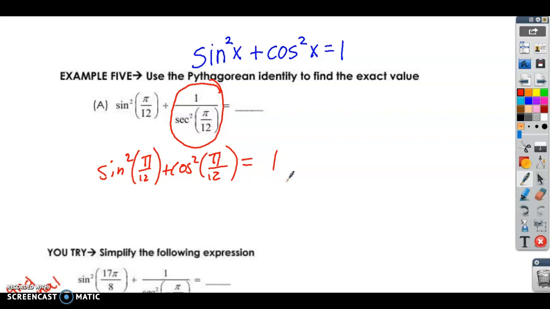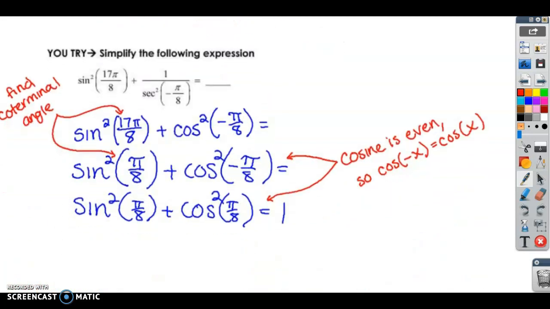And the very last problem is a you try. See if you can try it. See if you can use some of the identities we learned last class, and I'll show you the answers. Okay, again, this is what I chose to do. I noticed that the secant was the reciprocal of cosine, so the first thing I did was I rewrote it as cosine. And then I saw, all right, I've got different angles here.